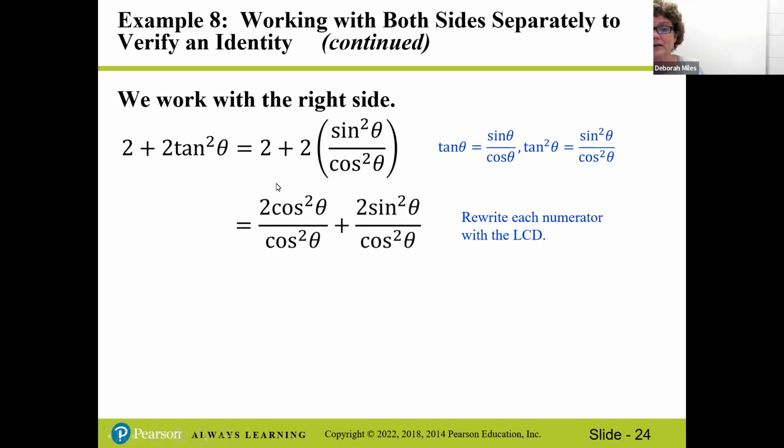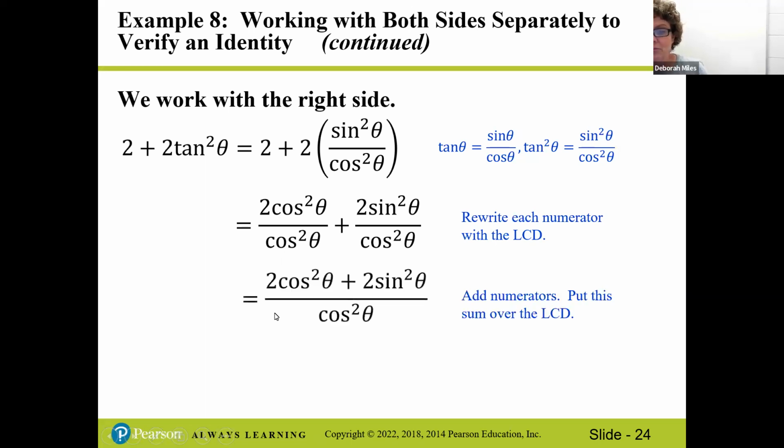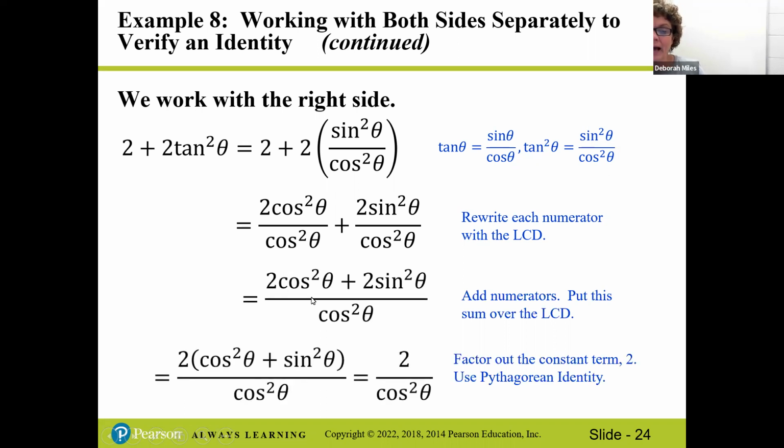Get a common denominator, multiply the 2 by cosine squared over cosine squared. Add the numerators, keep the same denominator. Factor a 2 out of the numerator, and that leaves you cosine squared plus sine squared. What can you put in place of cosine squared plus sine squared? 1. So that also equals 2 over cosine squared theta.